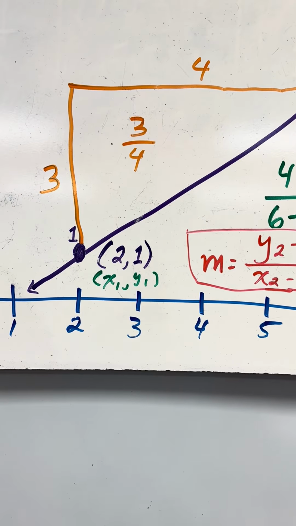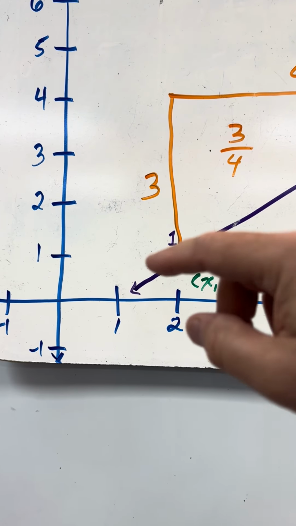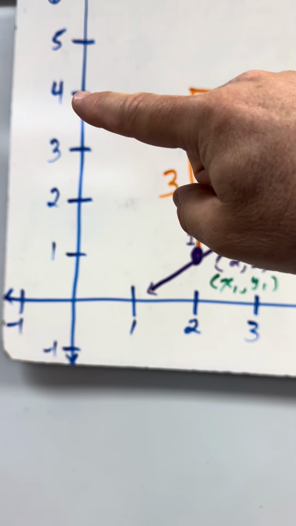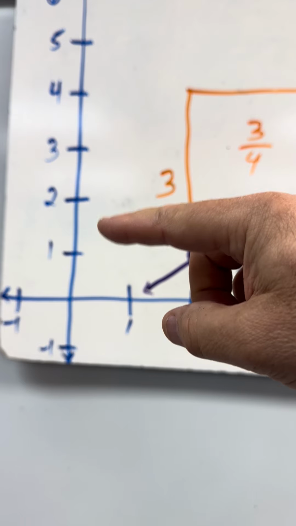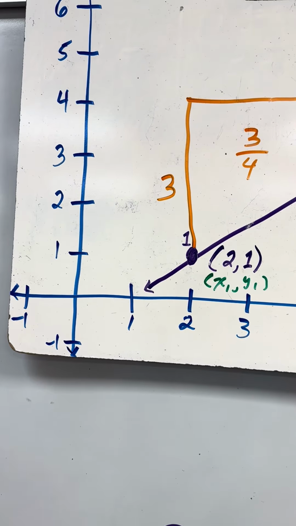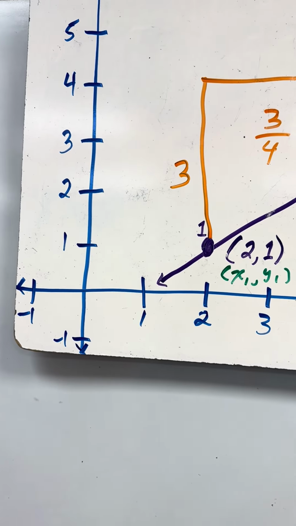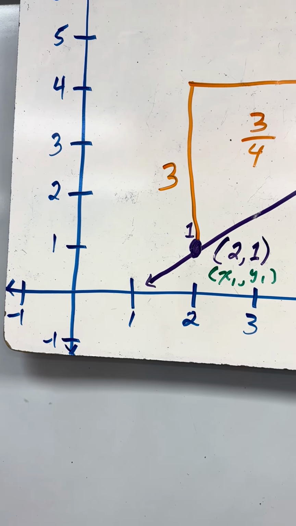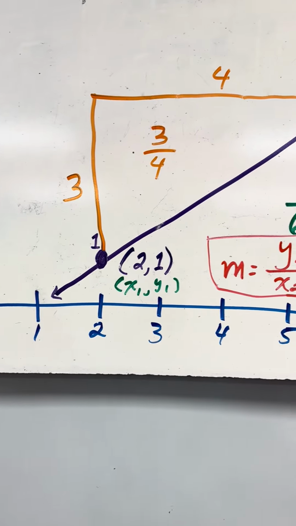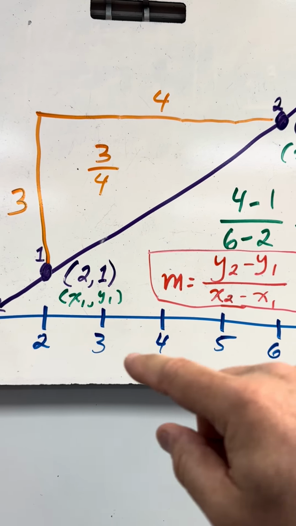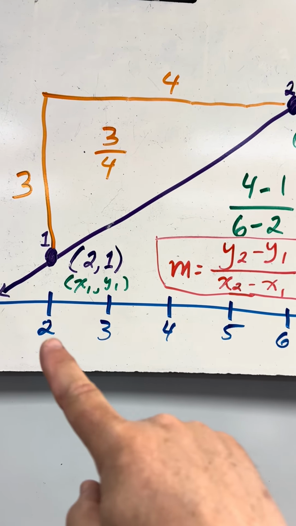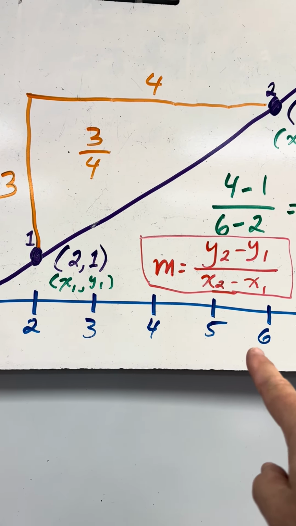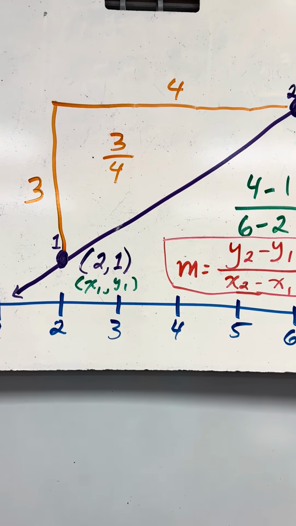So now, if you were to take the numbers 1 and 4, how would you get 3 using the numbers 1 and 4? Wouldn't you subtract 4 minus 1 to get 3? That's correct. And over here, 2 to 6. How would you get 4 using the numbers 2 and 6? Wouldn't you do 6 minus 2?